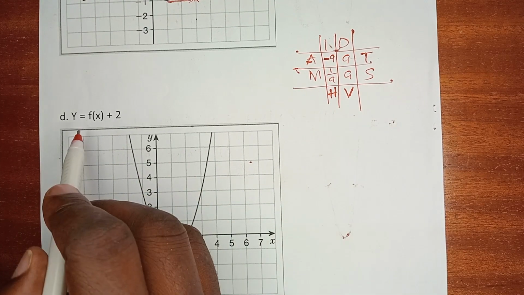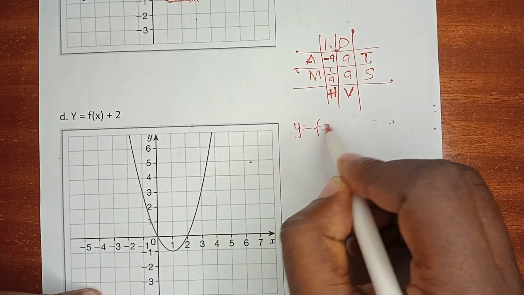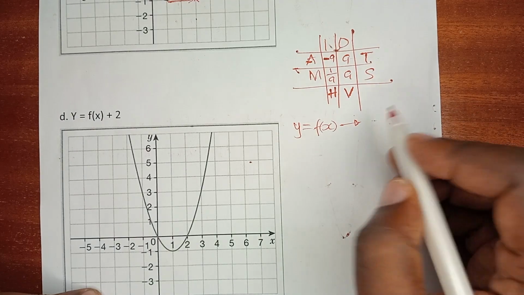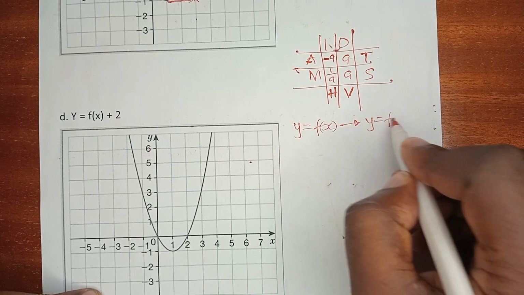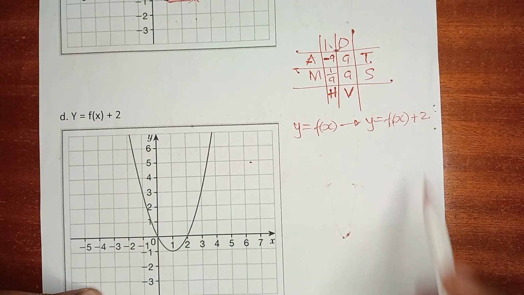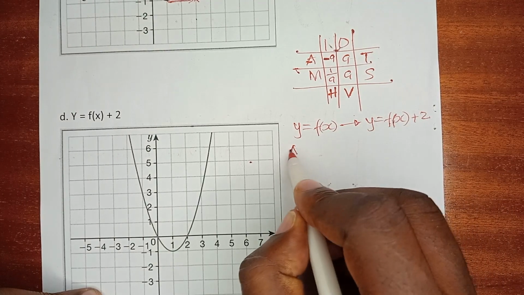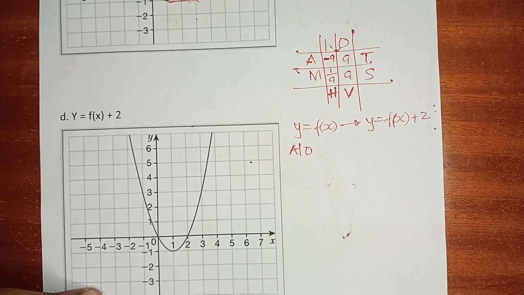Part D of the same question, we have now this graph. As you can see, this graph is a result of y equals f(x) being transformed to y equals f(x) plus 2. Clearly, this is addition and it is not within the x, so it is addition outside.